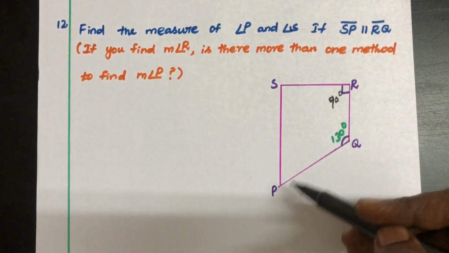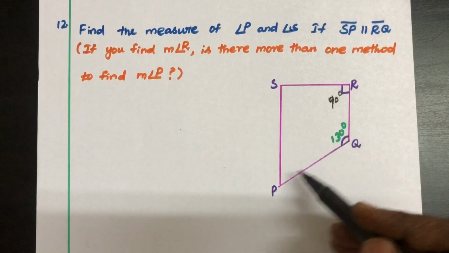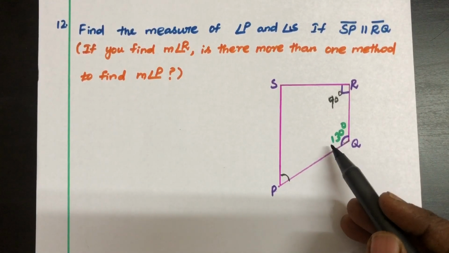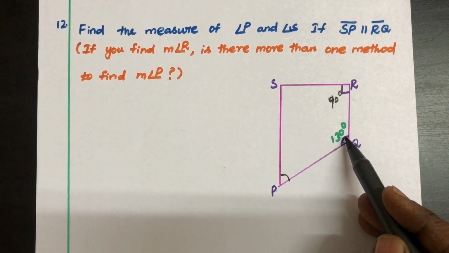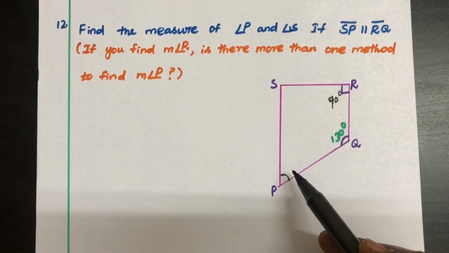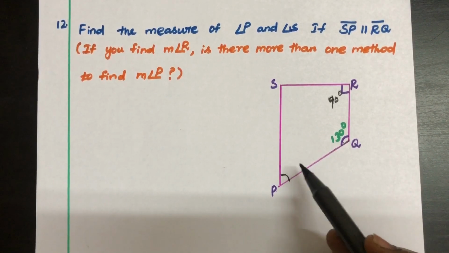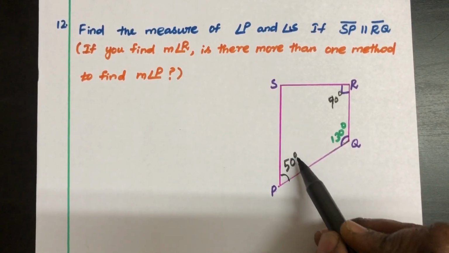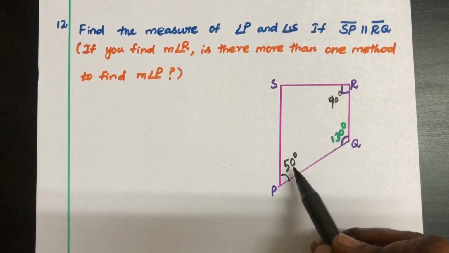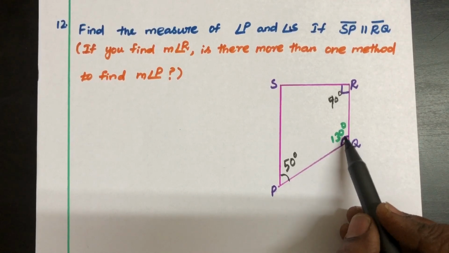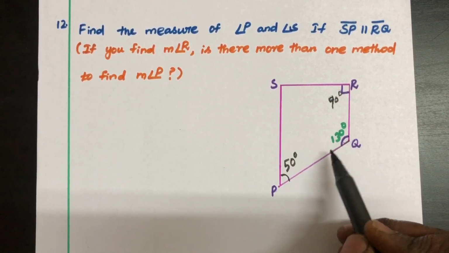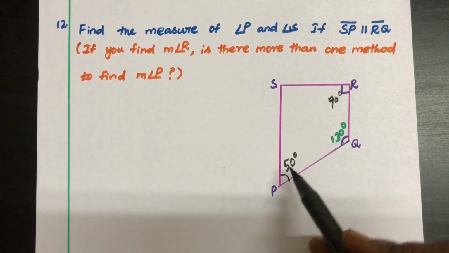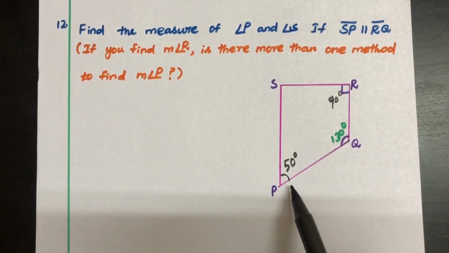This is the transversal line, right? Transversal line means these two must be supplementary. If it is 130, the angle which you add with it will give you 180 degree. It must be 50 degree, right? 50 degree plus 130 degree only will make 180 degree. To make this 130 as 180, we need 50 degree here. So 50 degree is the measure of angle P.